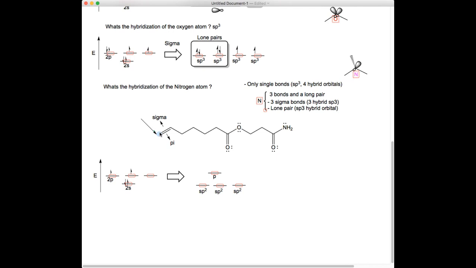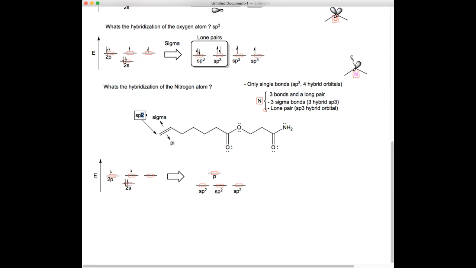And if there is 1 pi bond, this atom will be sp2 hybridized. Is that clear? So this carbon is sp2 because only 3 atomic orbitals can be hybridized. The 4th is used for the pi bond. So I'm going to say this carbon atom is sp2.